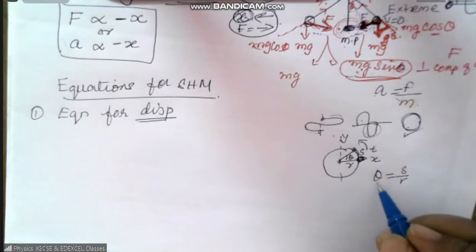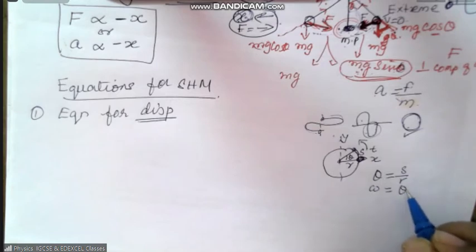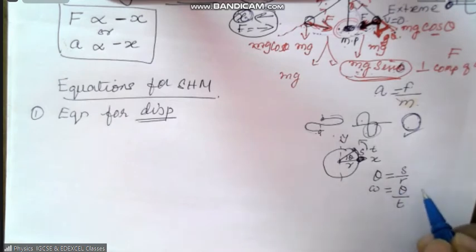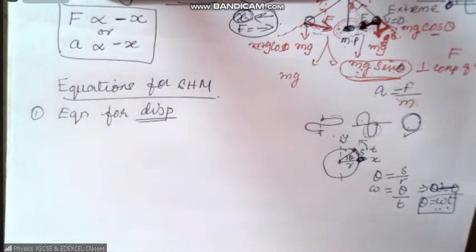Also, we learned angular velocity omega is equal to theta by t. So from this, you can find theta is equal to omega t. We want this in this equation. Did you understand how we got this one? The angle is equal to angular velocity into time. This is the same as distance is equal to speed into time.